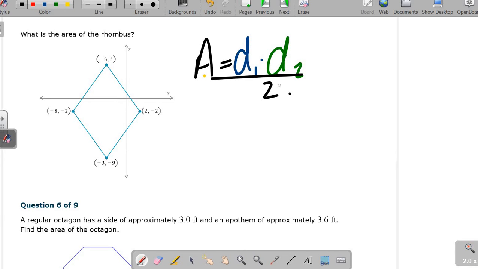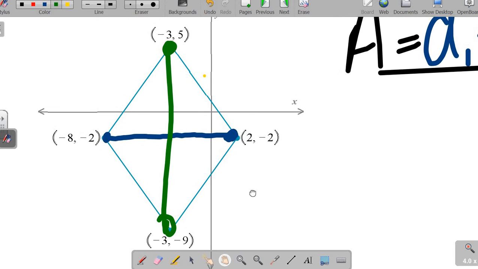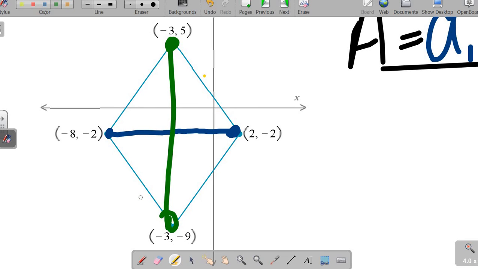Area of a rhombus is diagonal times diagonal over 2. In this case, we're going to draw in the diagonals. Now, once you're on a coordinate grid, yes, you could be using the distance equation, but there's a little bit of a trick here. Because we're completely horizontal and vertical, this distance is just from -8 to +2, so that distance is 10.